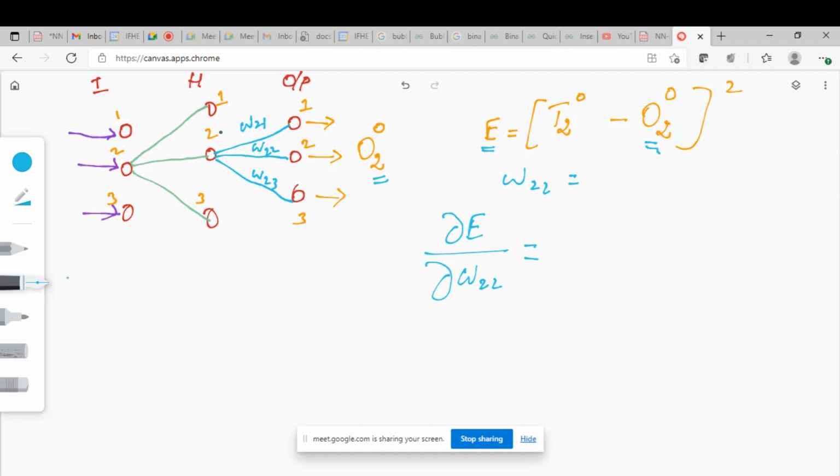The output of the hidden layer. Let us call the output from the first neuron of the hidden layer O1H, the output from the second neuron O2H, and the output from the third neuron O3H. Now you tell me what this input is.